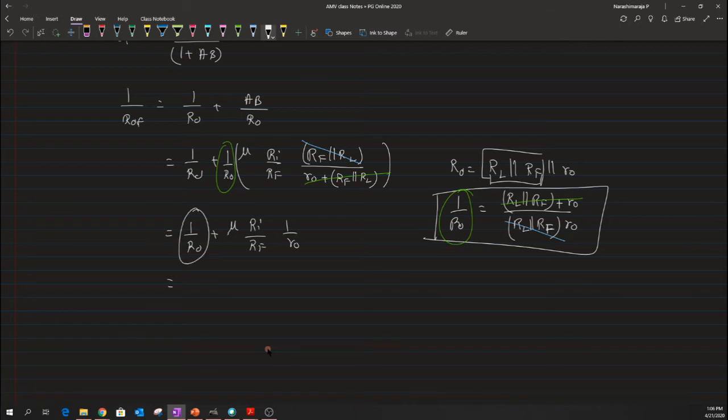So again this could be rewritten in terms of this, so it can be written as 1 by RL plus 1 by Rf plus 1 by R naught. And this new quantity, which is mu into Ri divided by Rf into 1 by R naught.